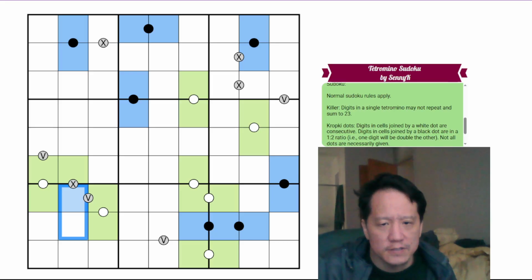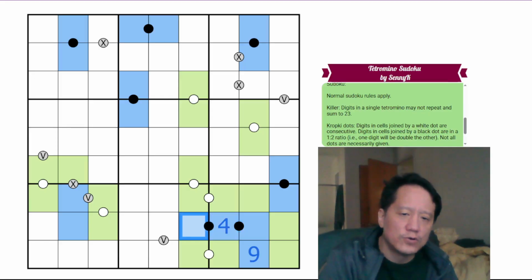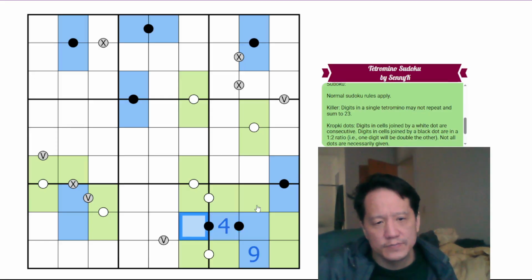So this must exit out. 2, 4, and 8 is 14 plus 9. These can't be shaded. So it has to be shaded here, which means this is unshaded here.